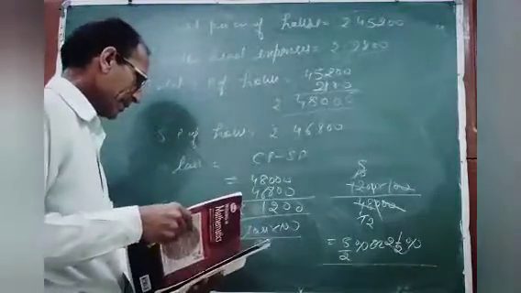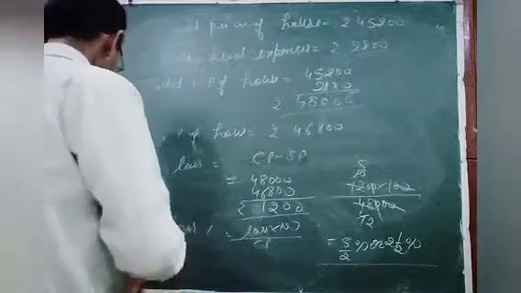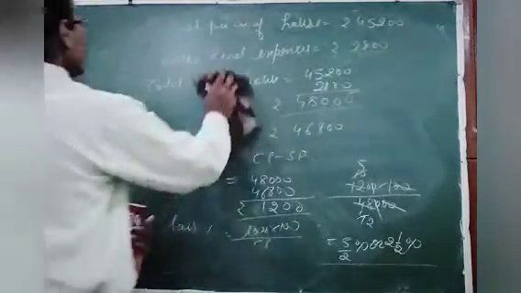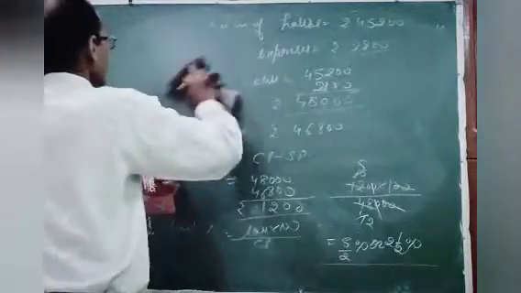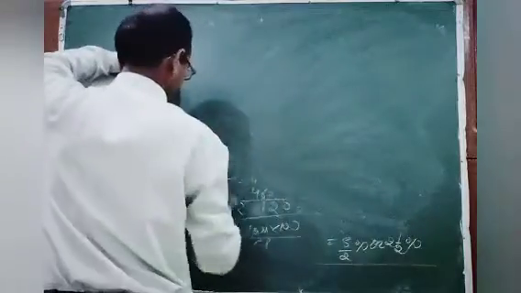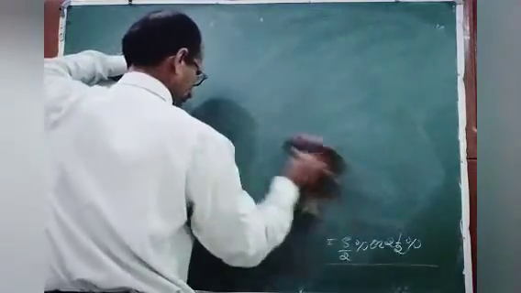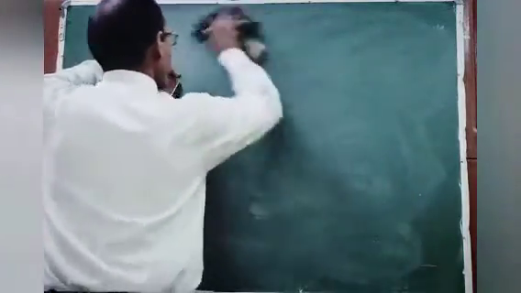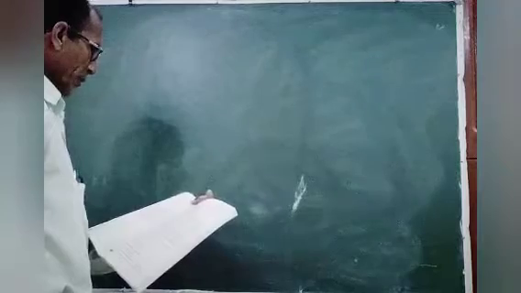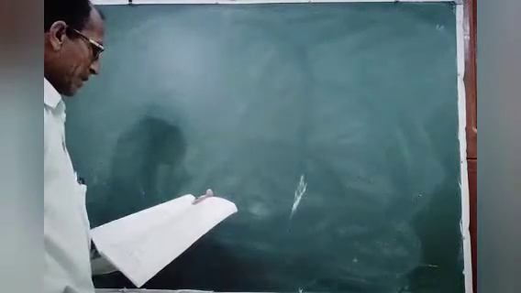Now question number 10. The cost price of 8 books is equal to the selling price of 6 books.